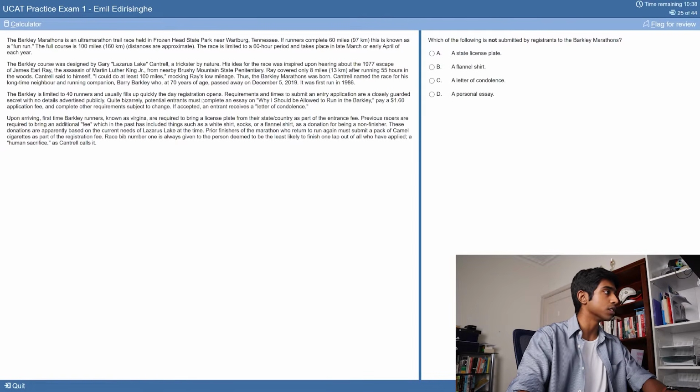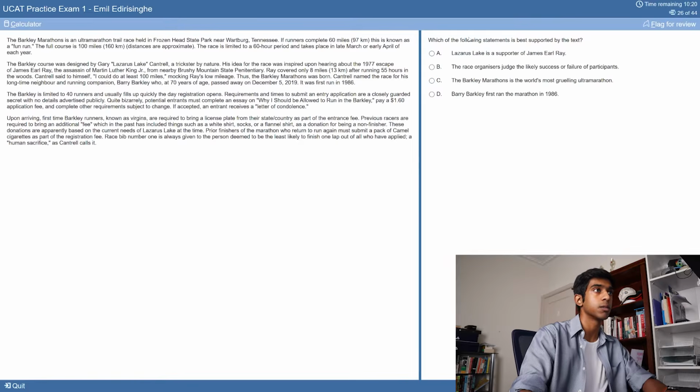Limited to 40 runners and usually fills up the day the registration opens. Complete an essay. So that's D. So they receive a letter of condolence. So it's not going to be what they give in.